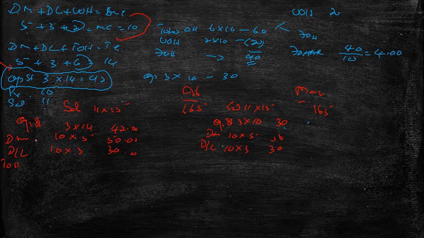Total overheads are 6, 6 into 10 is 60. But in marginal costing, we take only the variable overheads. Variable overheads are 2, 2 into 10, 20. So now we can arrive at the total cost here: 42 opening stock plus 50 plus 30 plus 60. Can you tell me the figure?